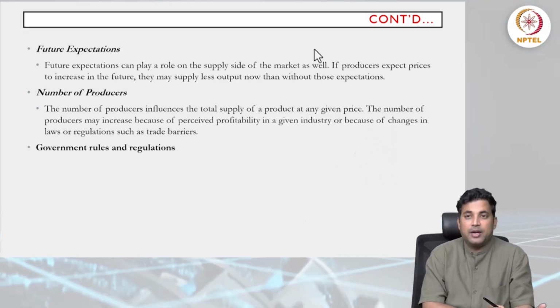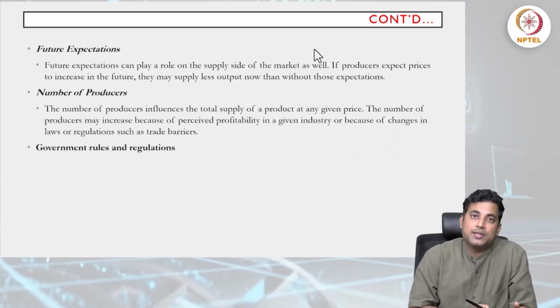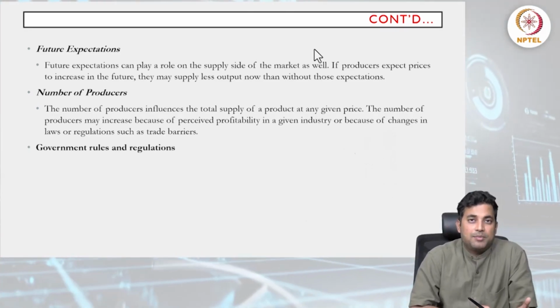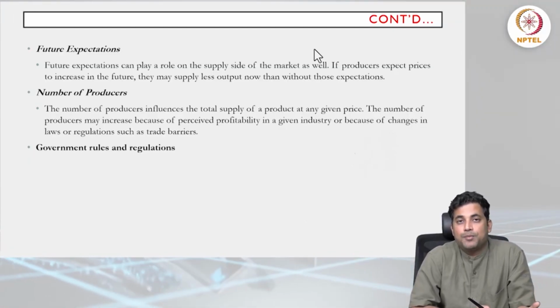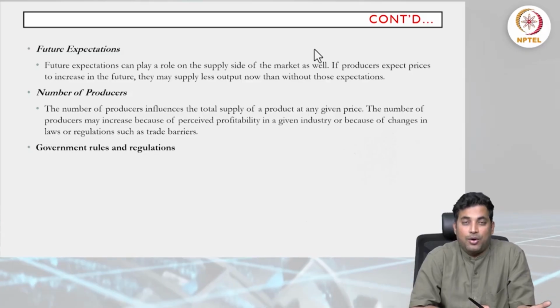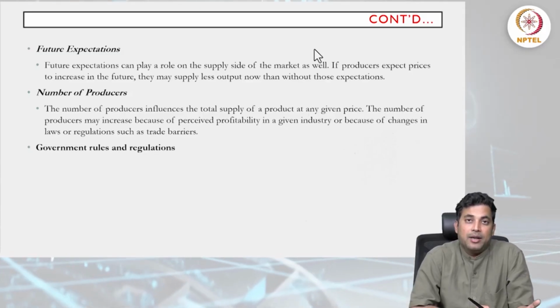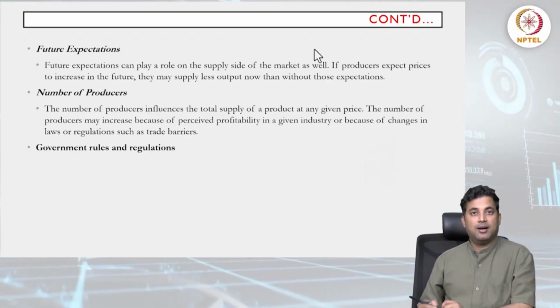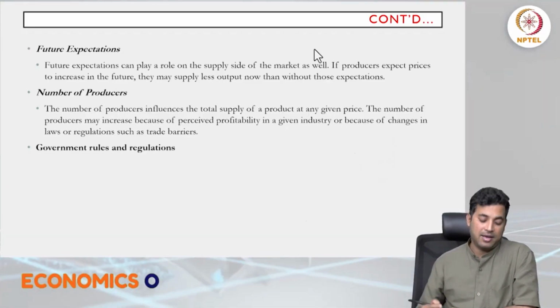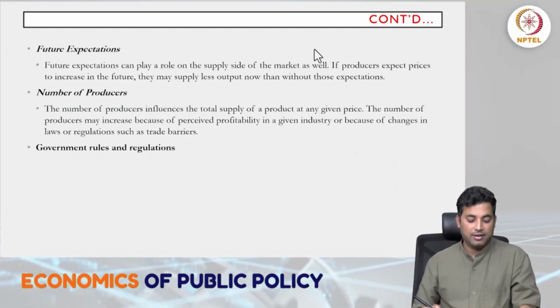And government rules and regulations, like if the government introduces taxes or subsidies on input prices, for instance crop subsidies, or say the government increases the minimum wages, then of course this will have an impact on the supply curve.